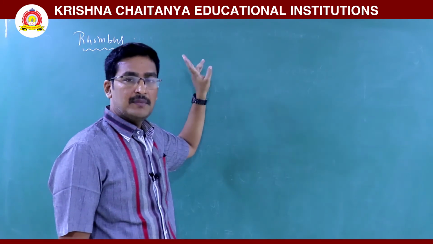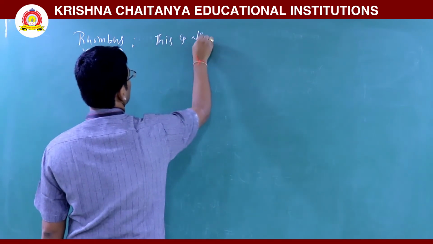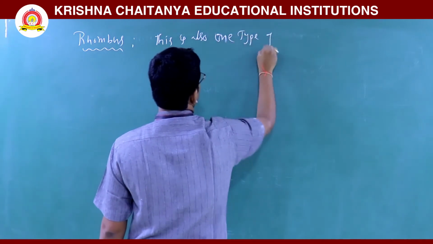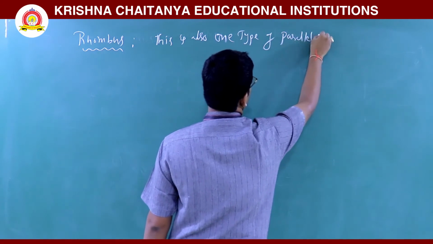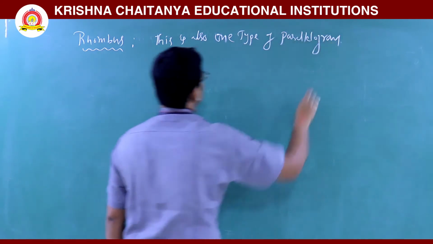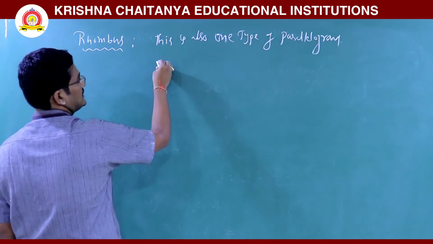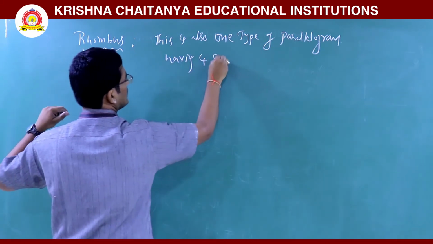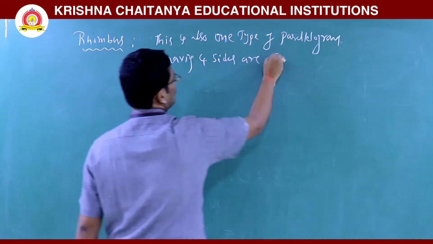It is a quadrilateral, but it is one type of parallelogram with four sides equal. Same as in the square, this is also one type of parallelogram having four sides equal.